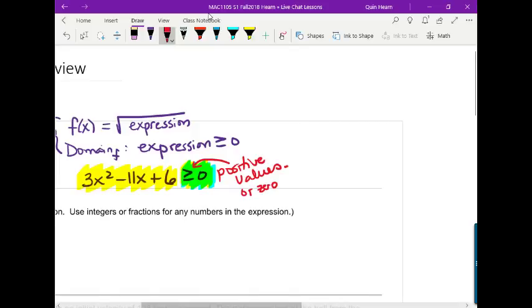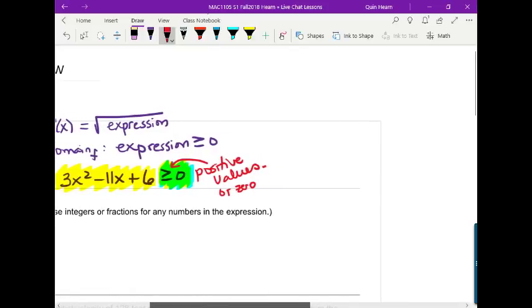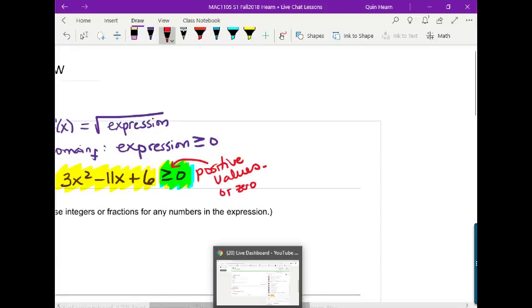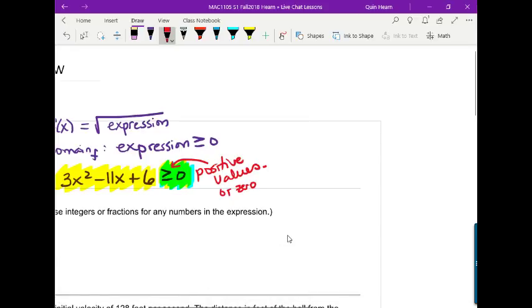All right, so what we did in class is we went ahead and graphed the function y equals 3x squared minus 11x plus 6. But I said you don't have to actually draw the entire graph. What you can do is just set up a sign chart. Either way will work.